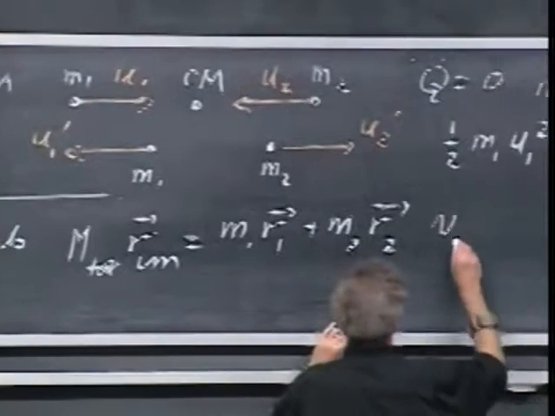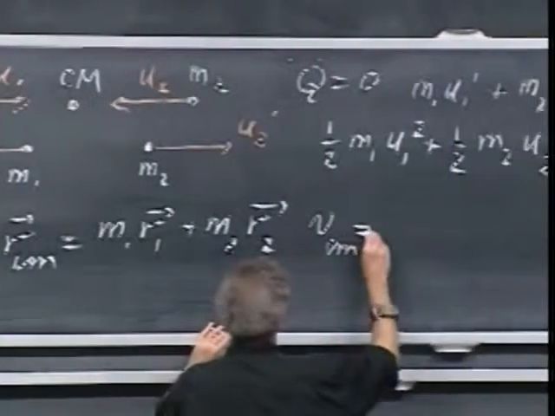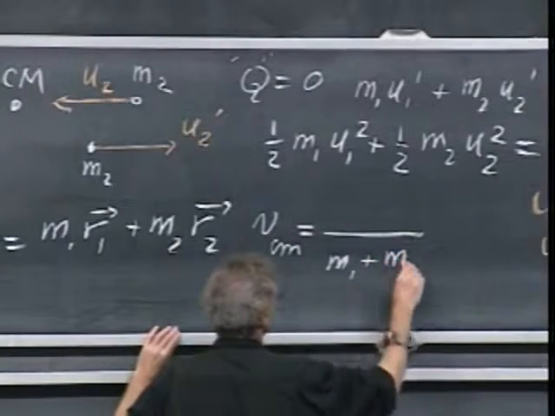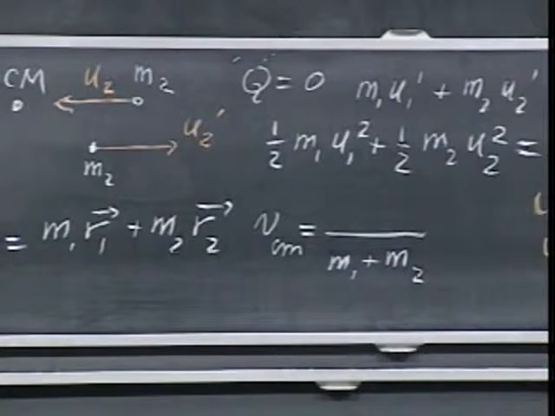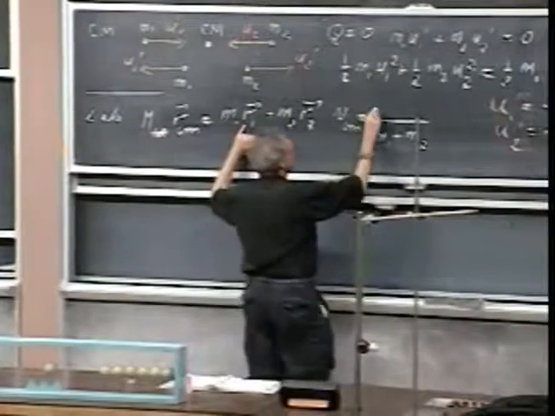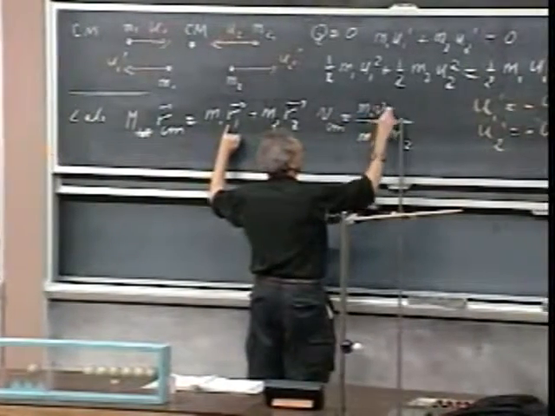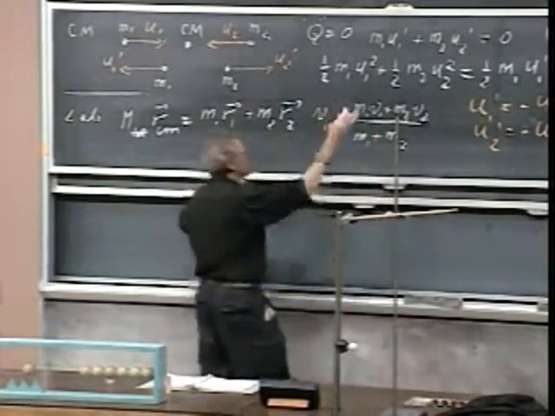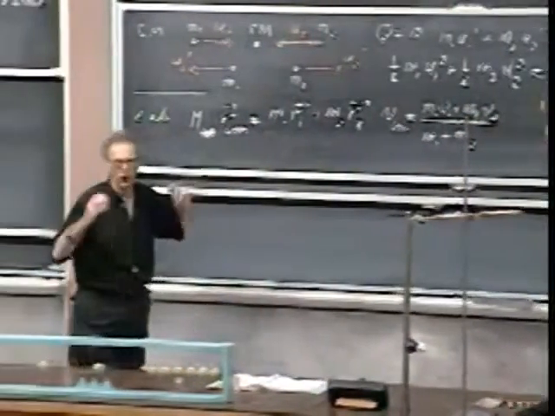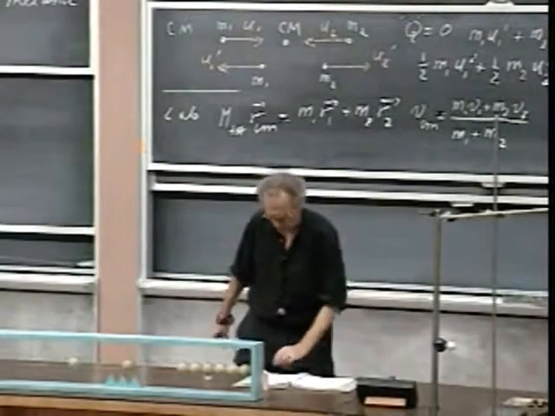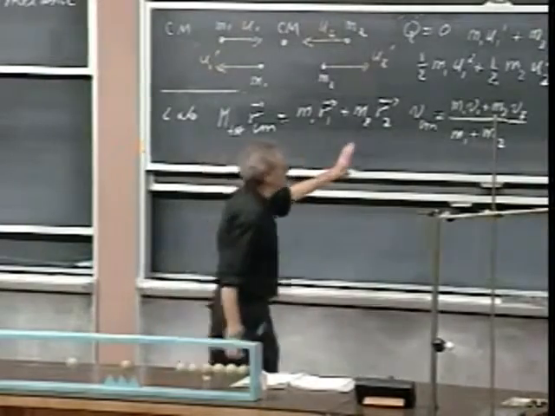So the velocity of the center of mass equals 1 divided by m1 plus m2, because that's the m total which I bring under here, and upstairs I get m1 v1 plus m2 v2. And notice I left the arrows off, because since it's a one-dimensional problem, signs will take care of the directions. So this is the velocity of the center of mass.